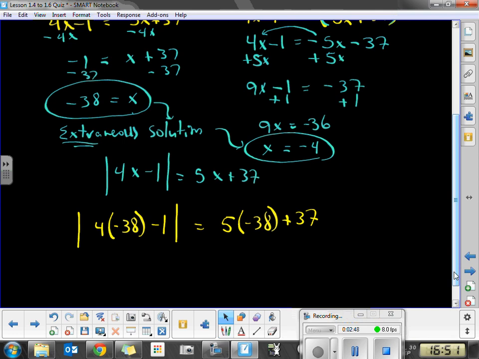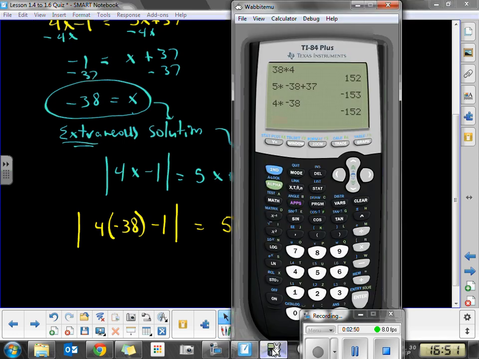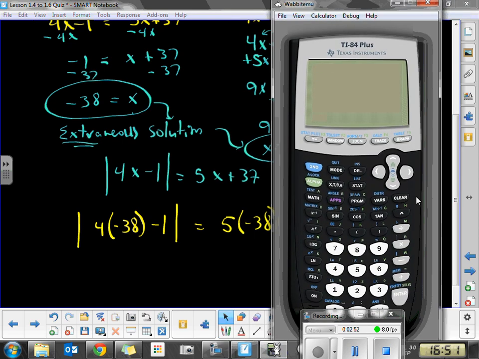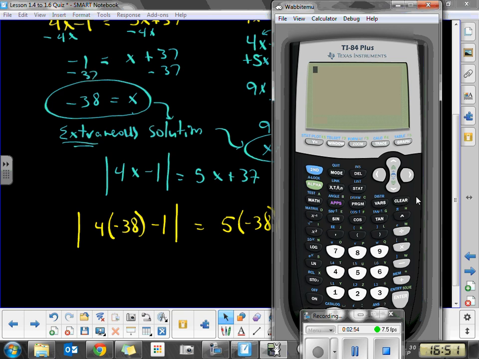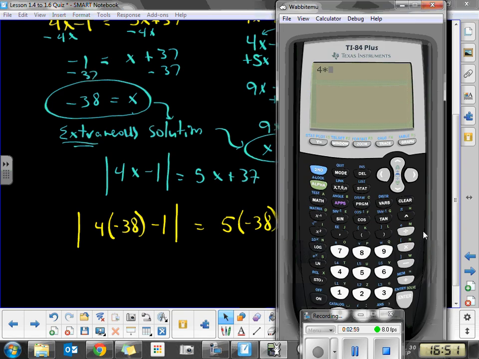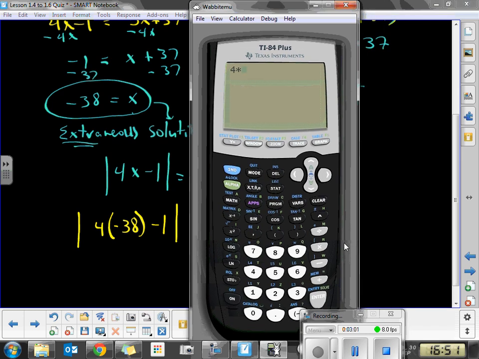Well, I'm going to use the calculator, so I'll clear that out. I just want to do the multiplication of 4 times negative 38. So 4 times negative 38 equals negative 152. So I have the absolute value of negative 152 minus 1.